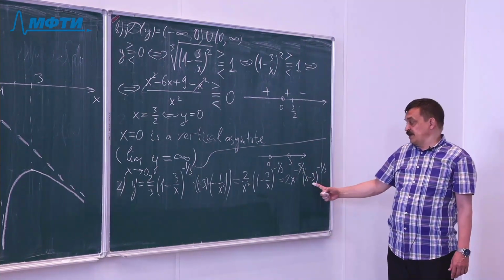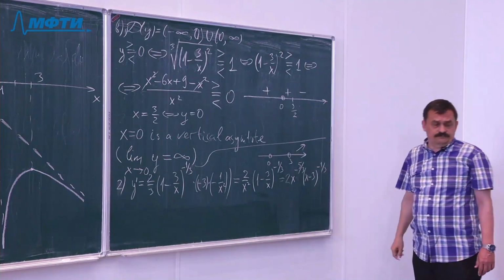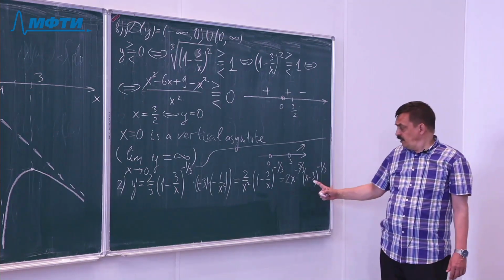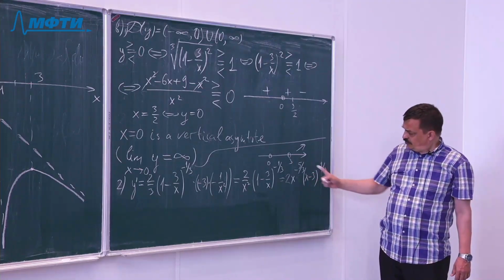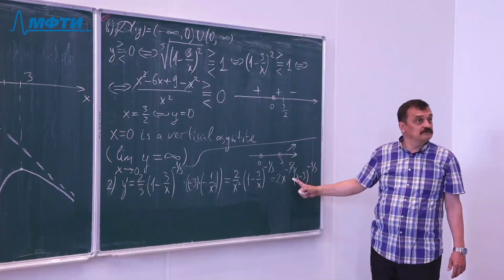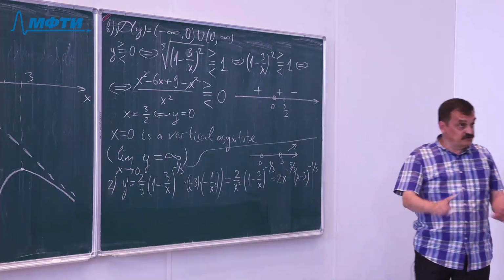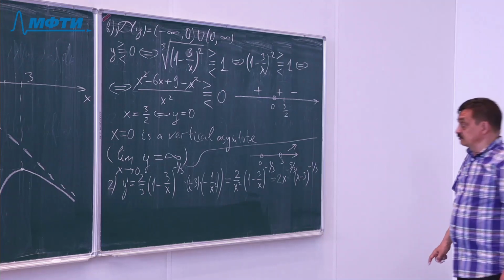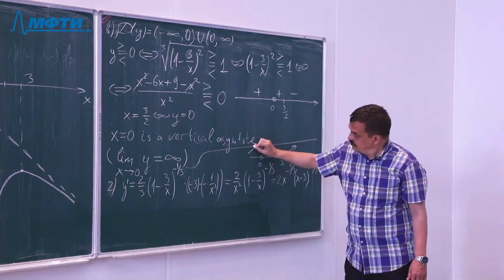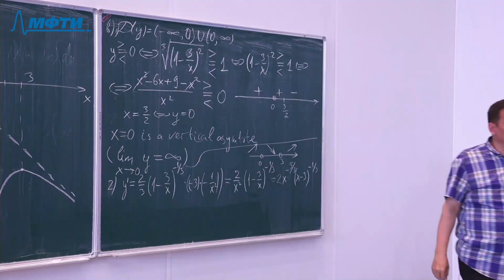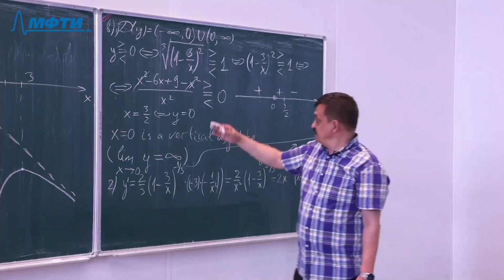So if x is greater than both of them, it increases, and it changes sign because of oddness, right? Powers are odd. Cubic roots don't disturb anything, right? So we change signs of the derivative, and our function was continuous at x equals 3.